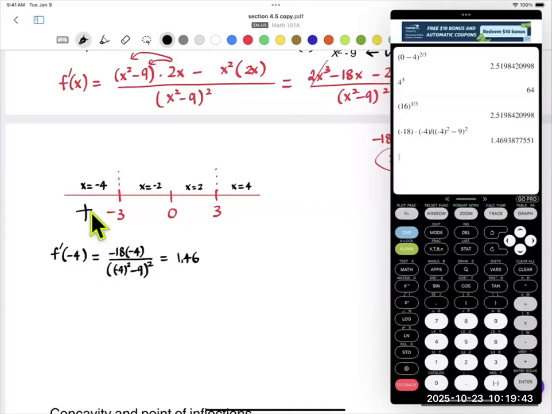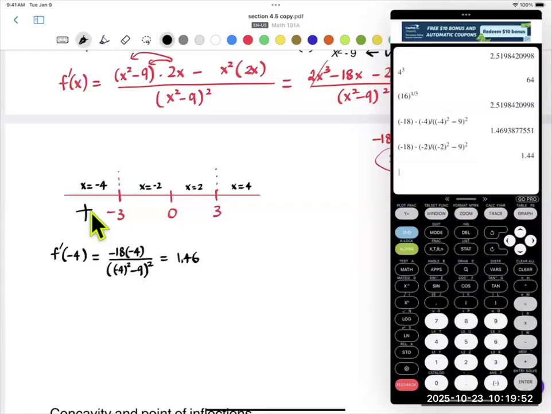Then we're gonna do the same thing for negative 2. So I just change that to negative 2, change that to negative 2, and that will give me 1.44. So f prime of negative 2 is a plus as well.